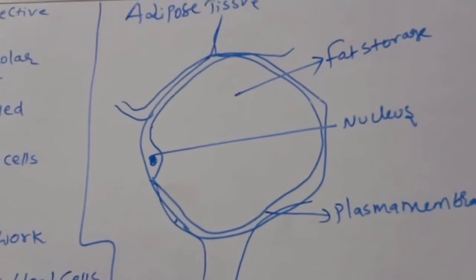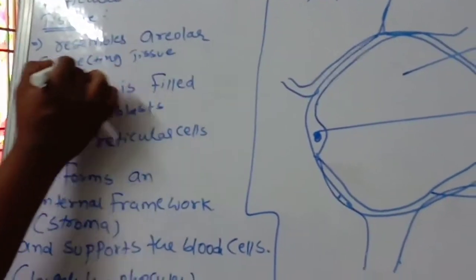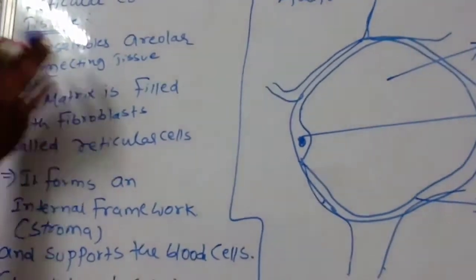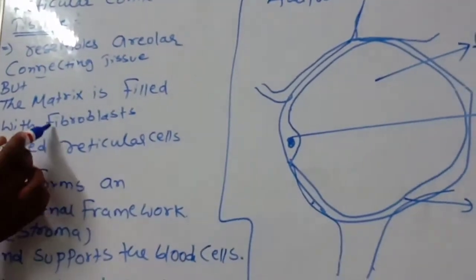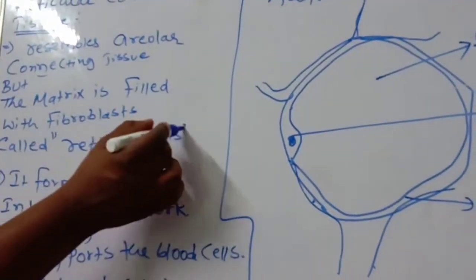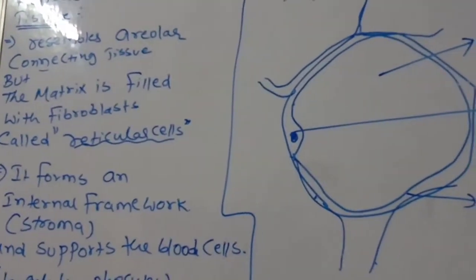Come to reticular connective tissue. It resembles areolar connective tissue, but the matrix is filled with fibroblasts, also called reticular cells, which produce the fibers.